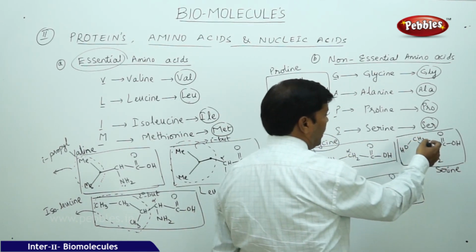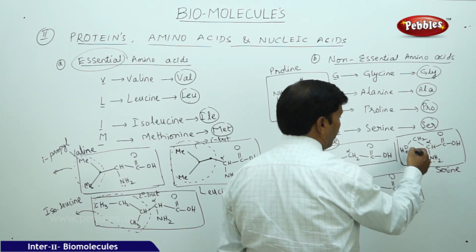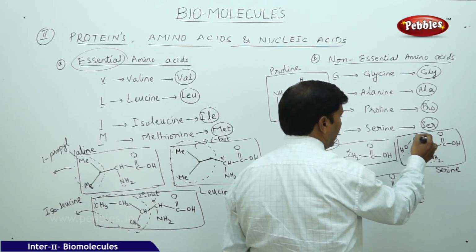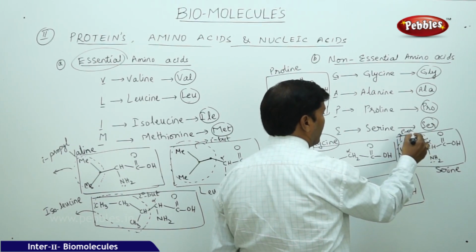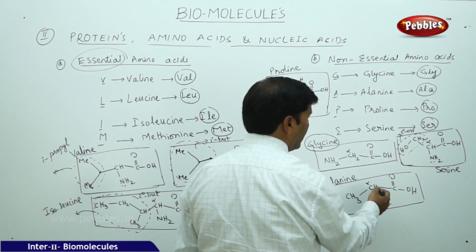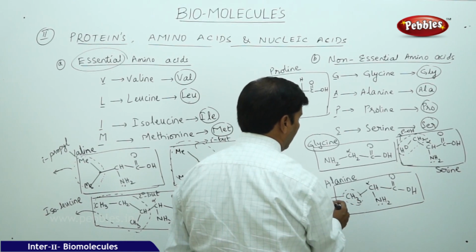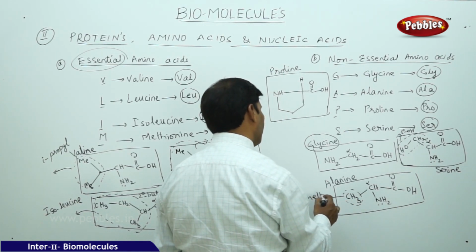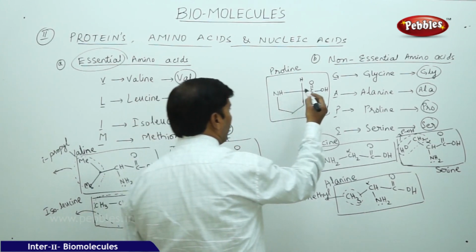The next amino acid is serine, again an alpha amino acid, and we have a primary alcohol. This CH2OH we call the primary alcohol. Then in alanine, apart from the alpha amino acid, the group attached is an alkyl group, that is methyl group. In this way you go for proline.